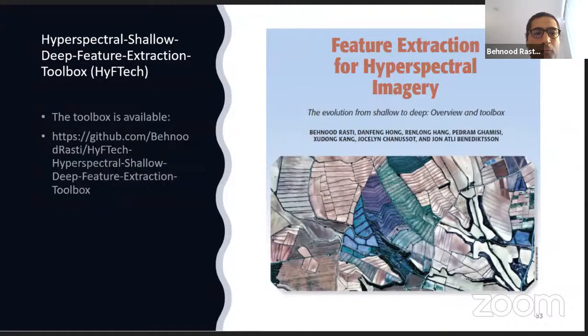All the materials that you need are there, and you can also find the review paper on feature extraction for hyperspectral imagery.